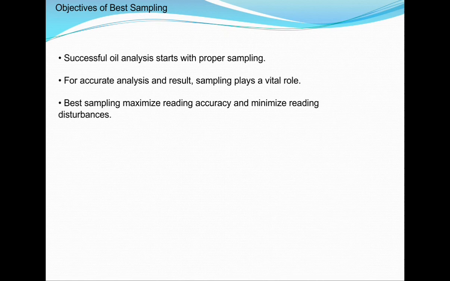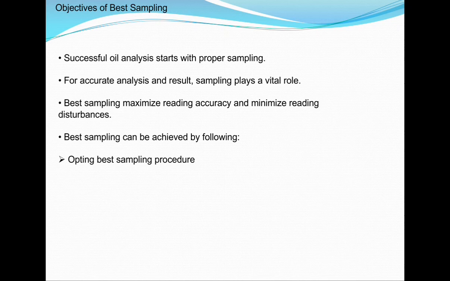The best sampling can be achieved by doing the following things, like opting for the best sampling procedures. In the next slides we'll discuss how to do the best sampling, from where we have to take the samples for better analysis, and maintaining the sampling location.